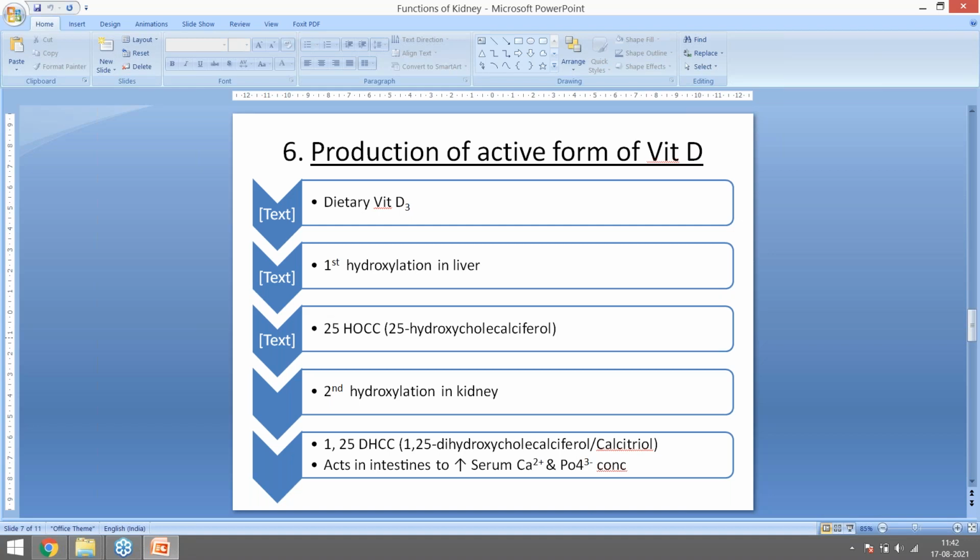Now the second hydroxylation occurs in kidney, okay, and by that we get 1,25-dihydroxycholecalciferol, also known as calcitriol, and it is this form of vitamin D, the calcitriol, that acts in intestines to increase serum calcium and phosphate concentration. So again, a very important role played by the kidneys in the second hydroxylation of dietary vitamin D3.